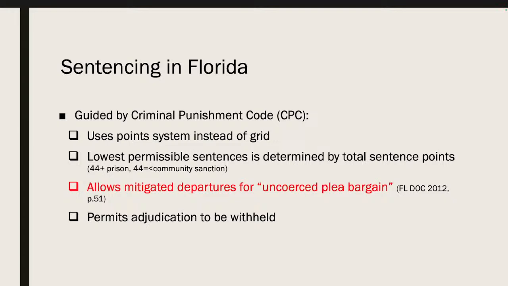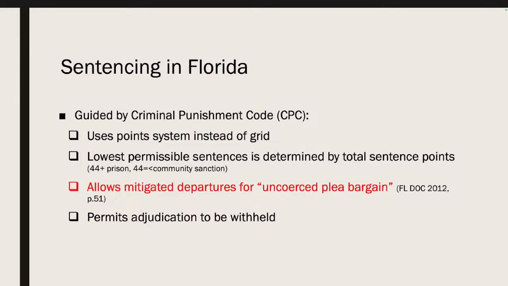However, one mind-blowing provision in sentencing in Florida is it allows for mitigated departures for uncoerced plea bargains. Now, I could say this is a really wild provision because almost every conviction involves an uncoerced plea bargain.